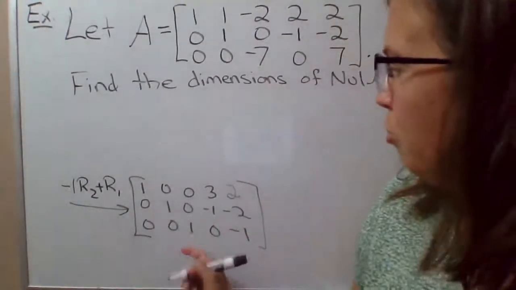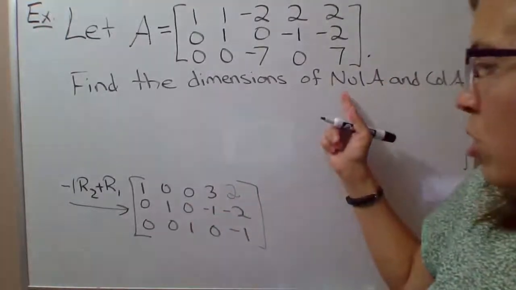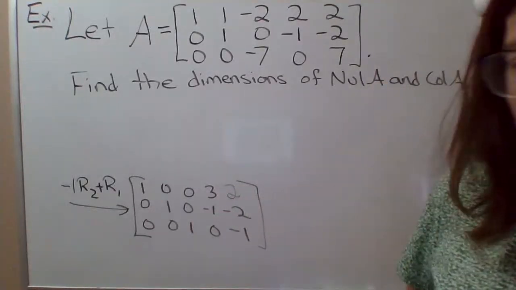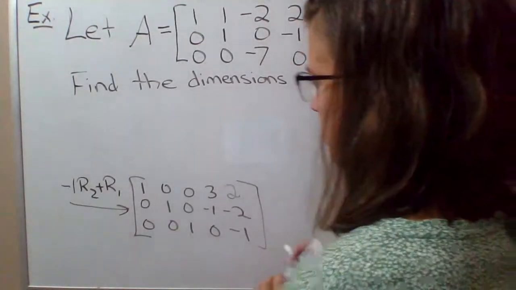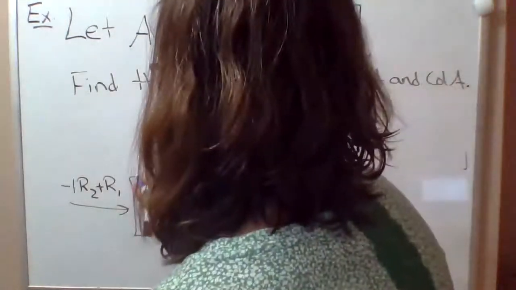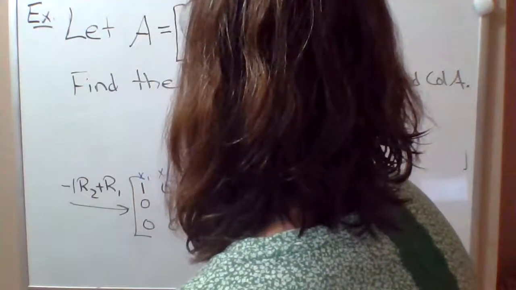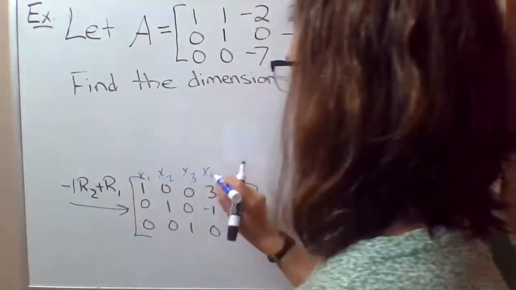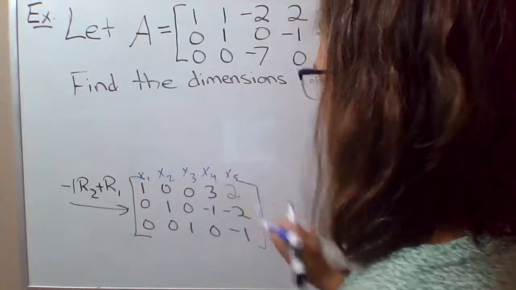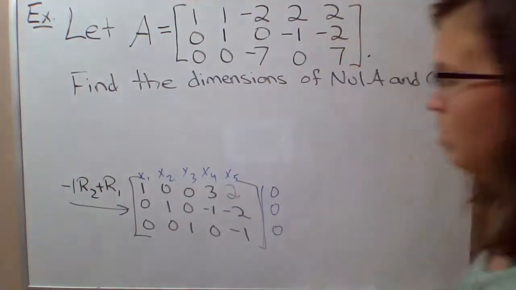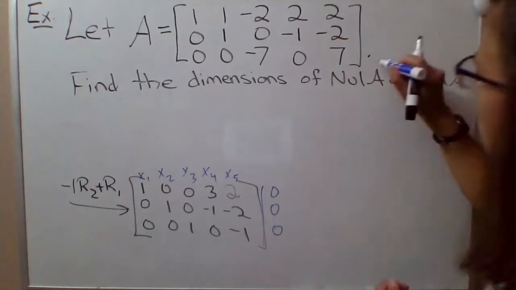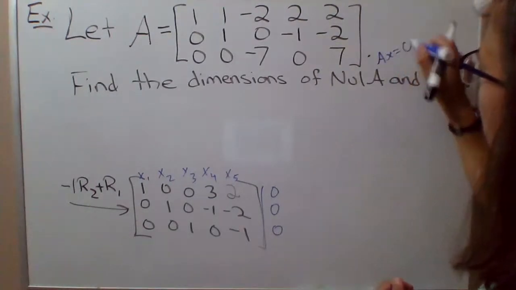First of all, let's focus on null space. Suppose, like I said, that this is the coefficient matrix for some system. I'll call the unknowns x1, x2, x3, x4, x5. With null space, it's augmented with the 0 vector. Remember, null space is the solution set to the equation Ax equals 0.